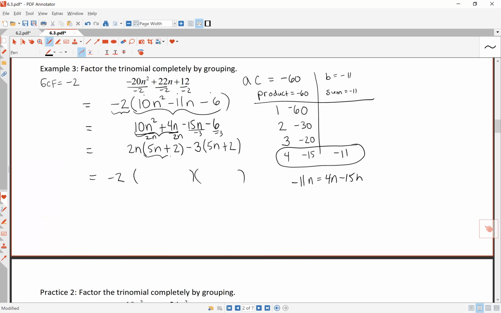When I produce a common binomial of 5n plus 2, I factor it off to the right-hand side, and then what's left over is 2n minus 3. And so remember that negative 2 that we started with is still out in front of all of those pieces. So we get negative 2 times 2n minus 3 times 5n plus 2.